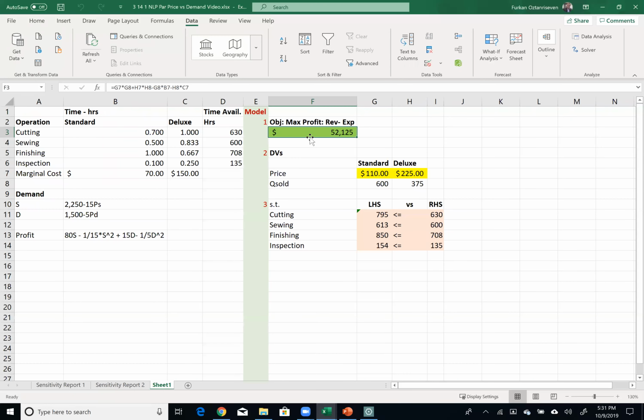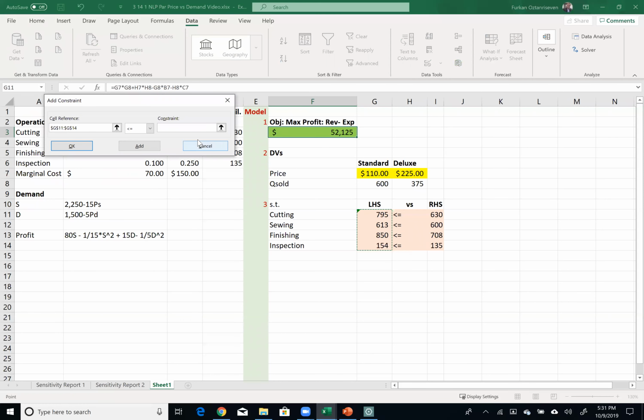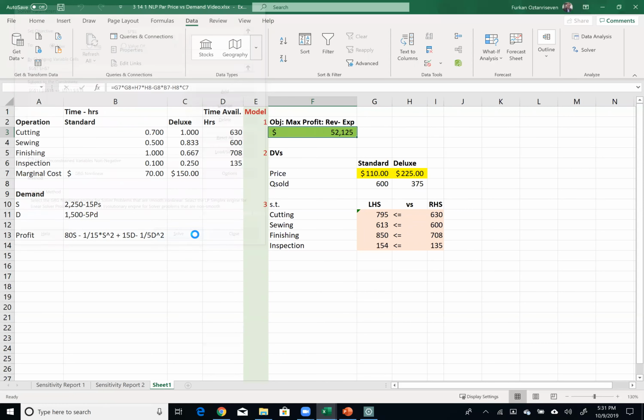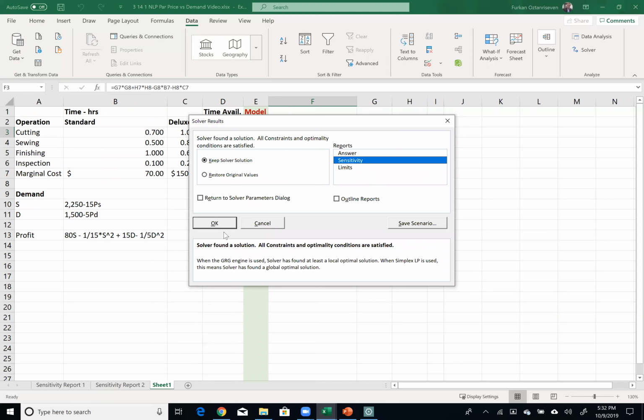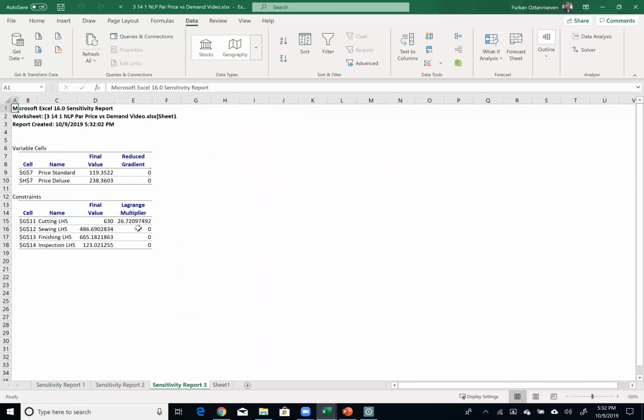If I again solve this problem with the constraints, again add my constraints, left-hand side values less than or equal to these right-hand side values, and okay, solve it and get the sensitivity analysis. Now you will see that my Lagrangian multipliers are here. As you see here, the cutting department is the only one with a Lagrangian multiplier.